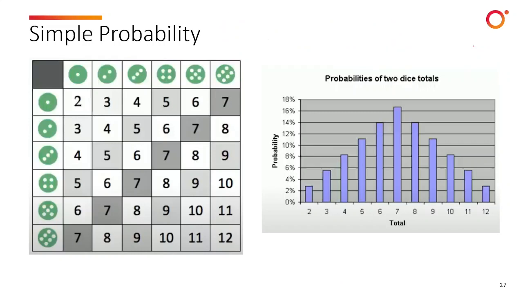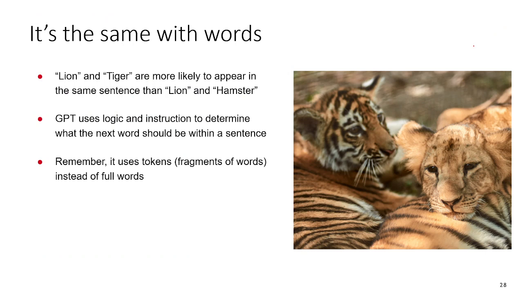Just to explain that idea, you can look at this slide as well. Lion and tiger are most likely to appear in the same sentence compared to words like lion and hamster. So always remember that ChatGPT takes probabilistic determination into account.